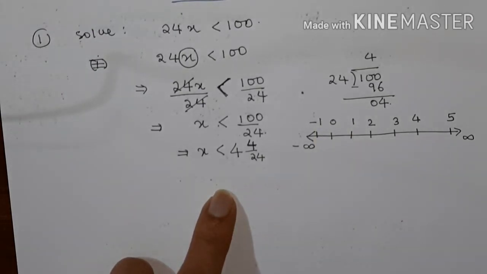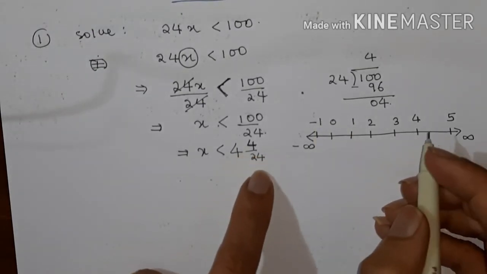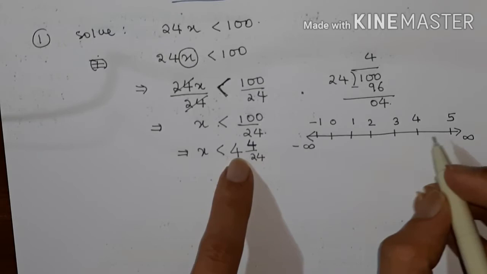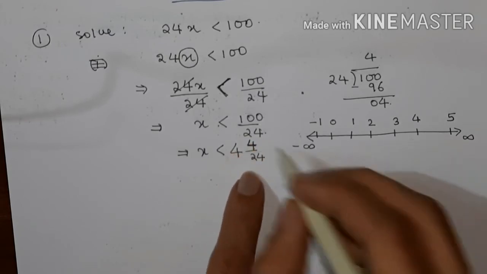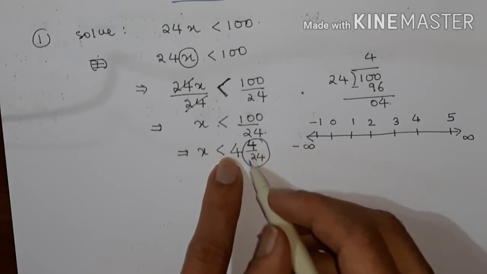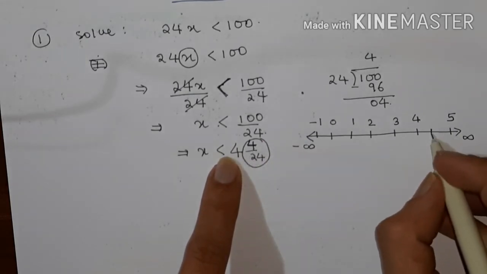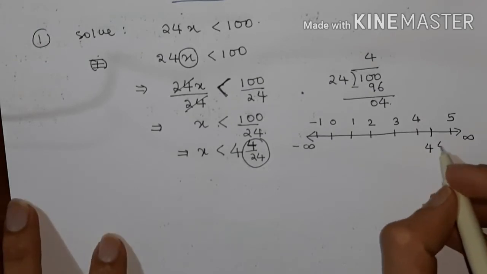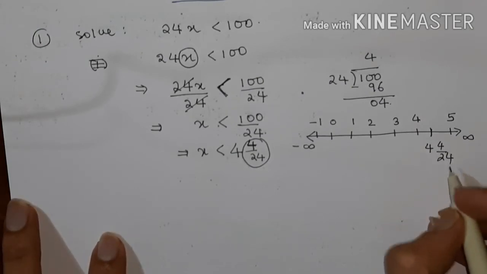Where is 4 and 4 by 24? It is a number greater than 4, so it lies between 4 and 5.